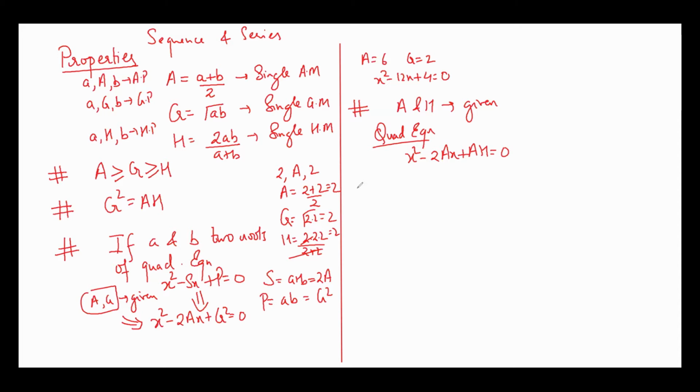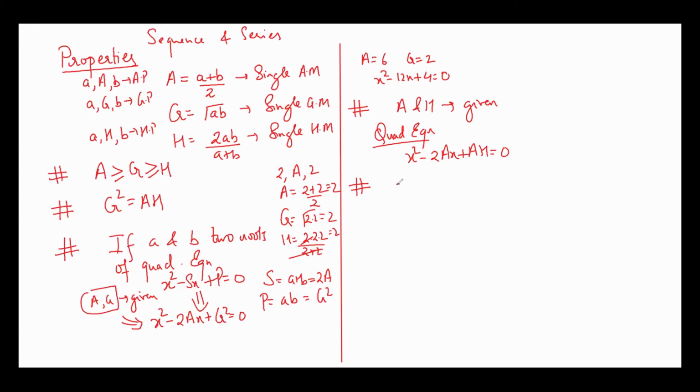Now next, we made this quadratic by taking a and b as its roots. So when I solve this quadratic, I'll get the roots, and those roots will be a and b.